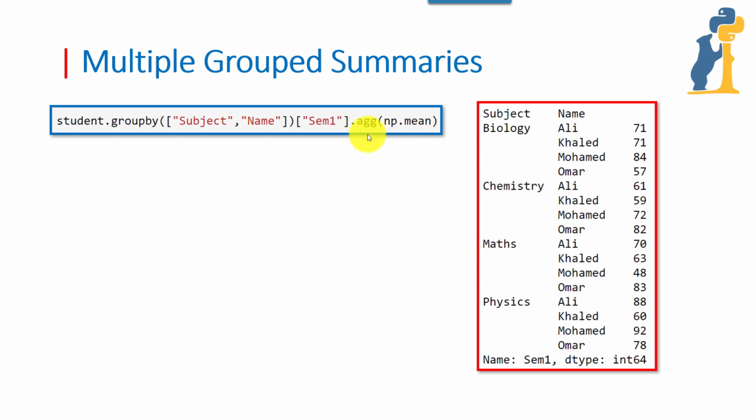Here you see aggregate. If you omit or discard the aggregate method, it will do the same. When using aggregate, you need to do more summary statistics, more than one function, or you have your customized function.